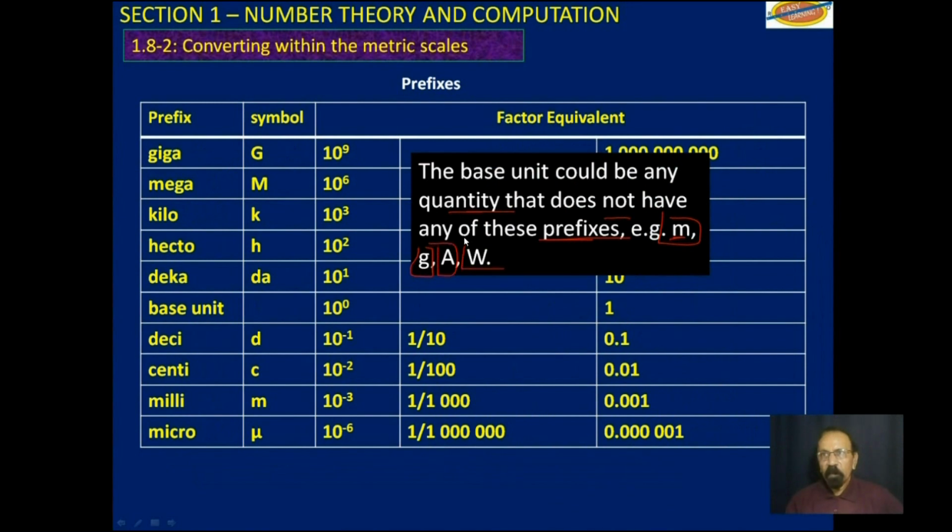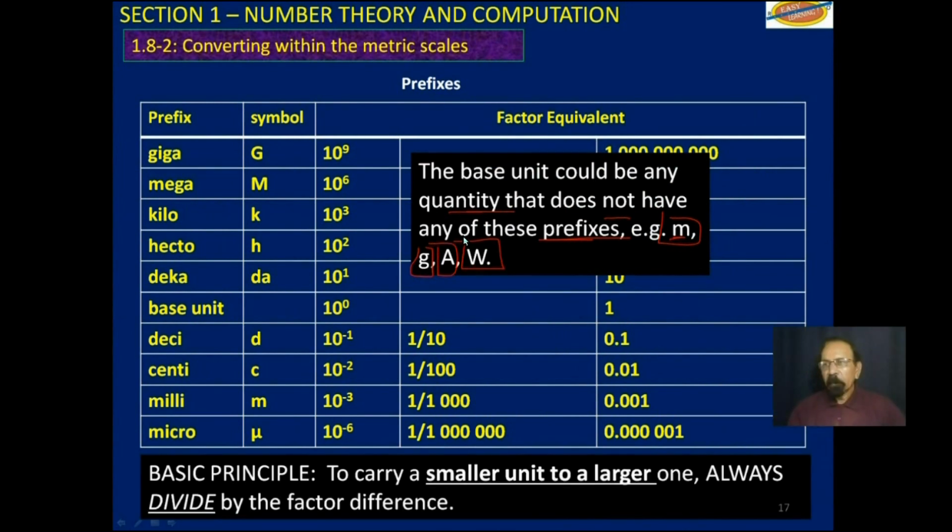amperes, watts. Basic principle: to carry a smaller unit to a larger one, always divide by the factor difference. So if you're going from centimeter, which is a smaller one, to a bigger one up here, which is kilometer, you will divide by the factor difference. These prefixes here are arranged in order from largest to smallest.